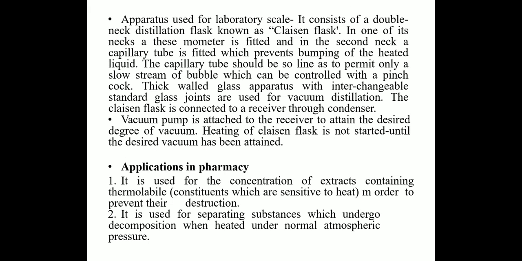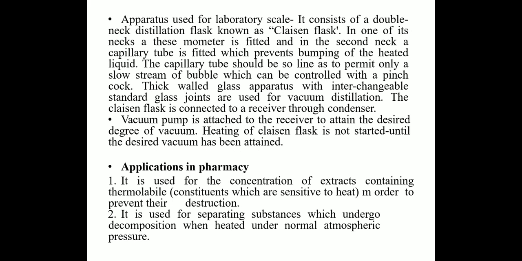Talking about the apparatus used for the laboratory scale, it consists of a double neck distillation flask known as Claisen flask. In one of its necks, a thermometer is fitted, and in the second neck, a capillary tube is fitted, which prevents bumping of the heated liquid.